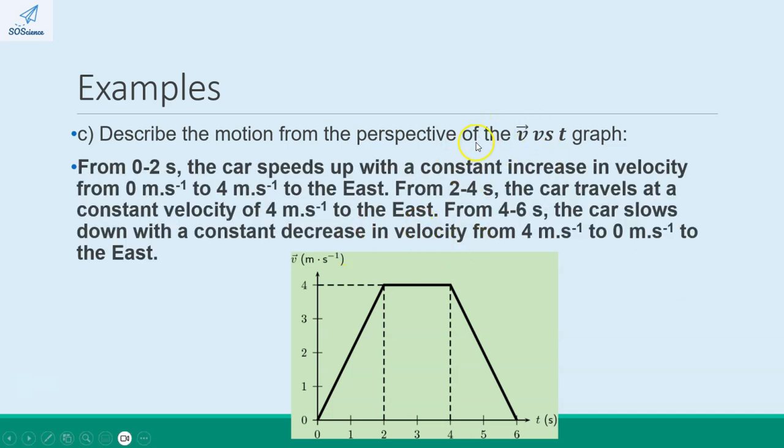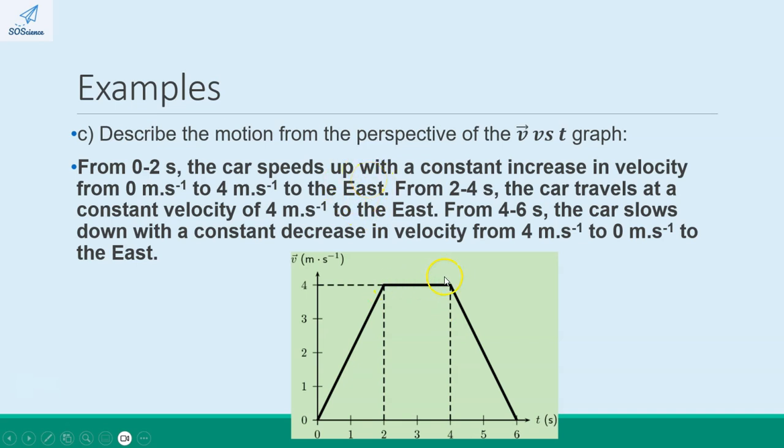From the perspective of the velocity time graph, we can say that from 0 to 2 seconds, the car speeds up with a constant increase in velocity from 0 meters per second to 4 meters per second in the positive direction, which is to the east.